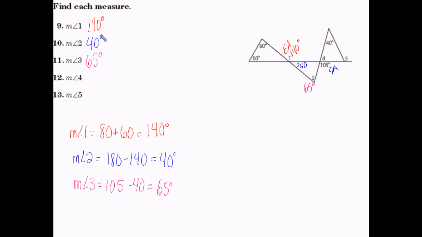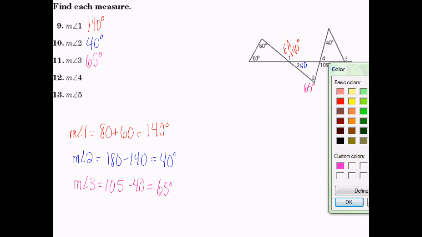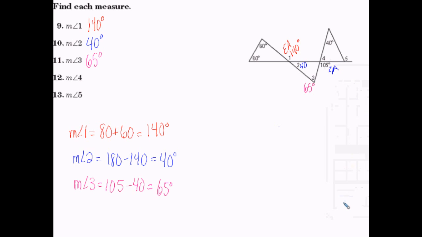So I can subtract 105 from 180. Wait, green or orange? Orange, okay. So for angle 4, I'm going to do 180 minus 105, and I'm going to get 75. So that's 75.